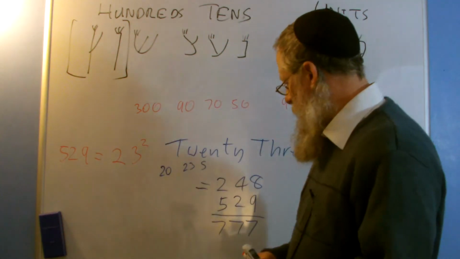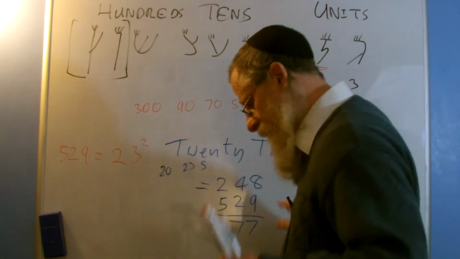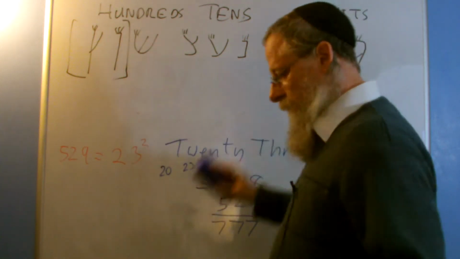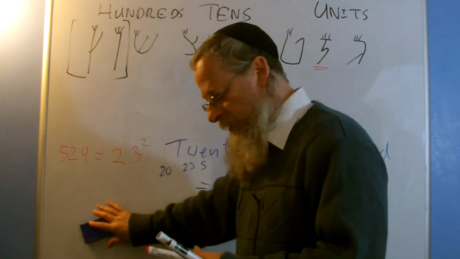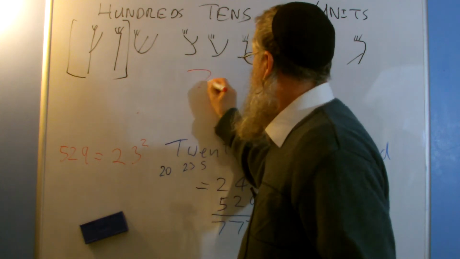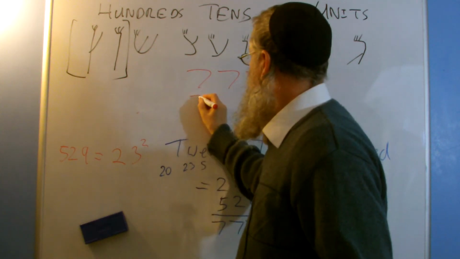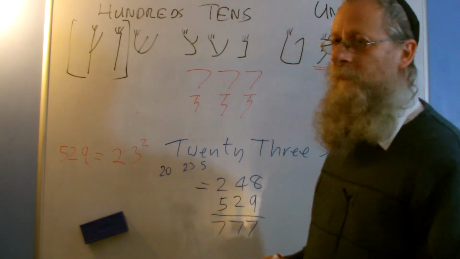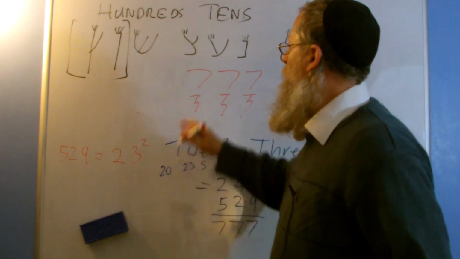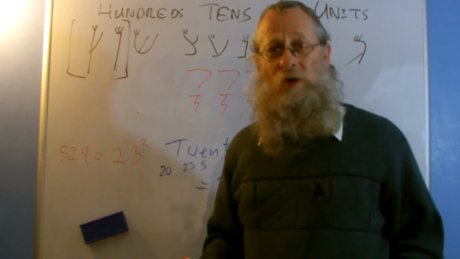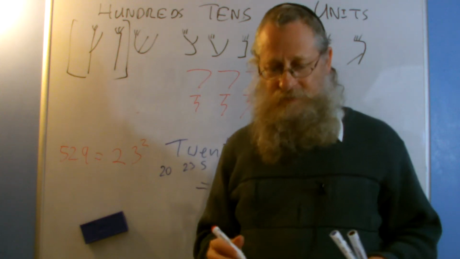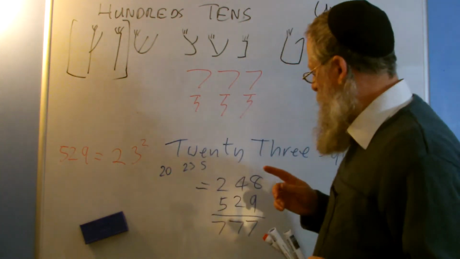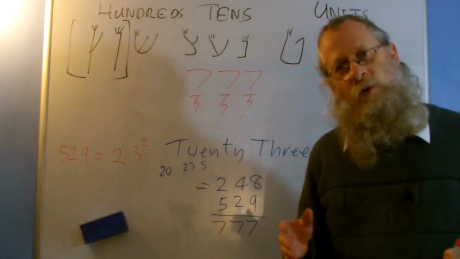So, what we do know is that 777 can be written in the Hebrew letters as Zayin, Zayin, Zayin. Okay? And that's what we've got there. We've got 3 zines as each crown. There are 3 zines. Now, there's a number here which will ring a bell with some people.